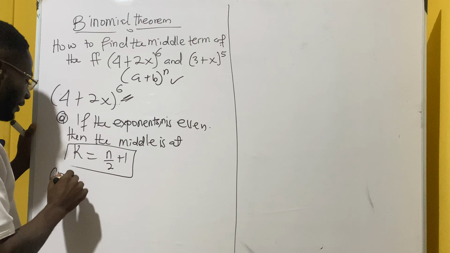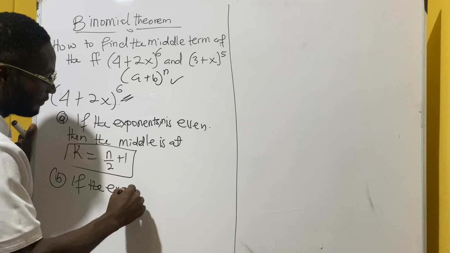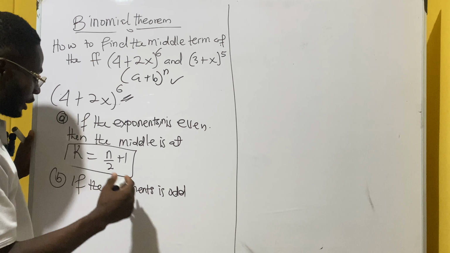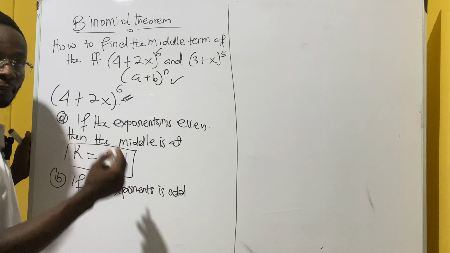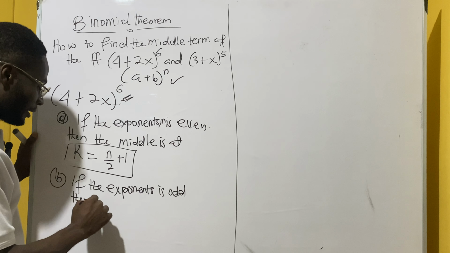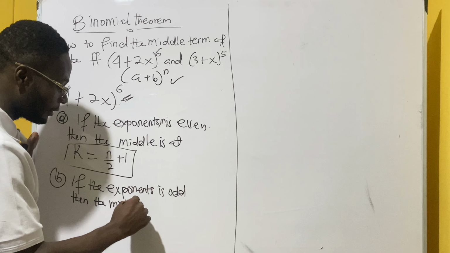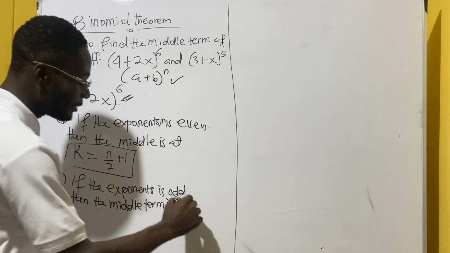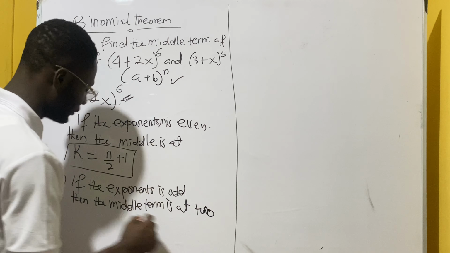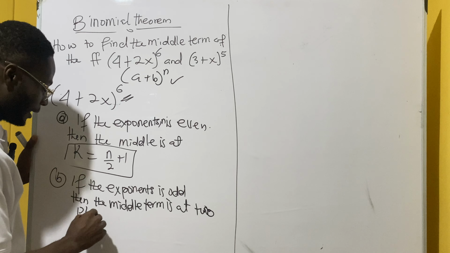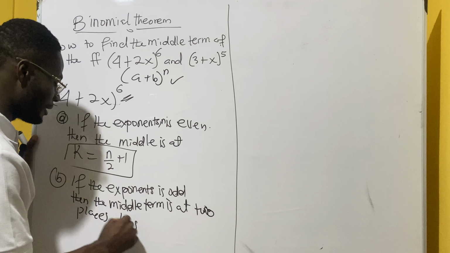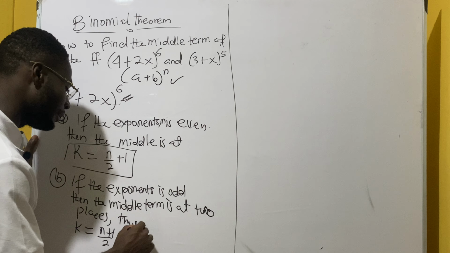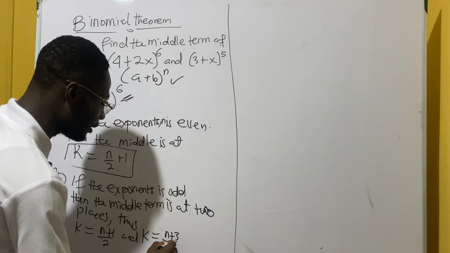B: if the exponent is odd, odd numbers, then the middle term is at two places, thus k equals (n plus 1) over 2, and k equals (n plus 3) over 2.